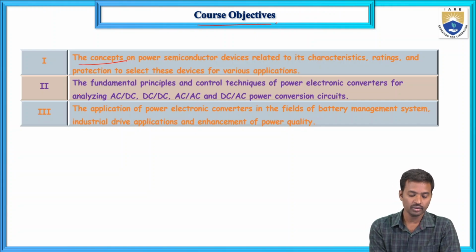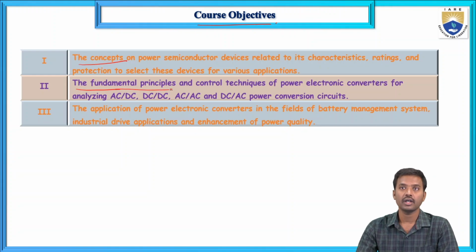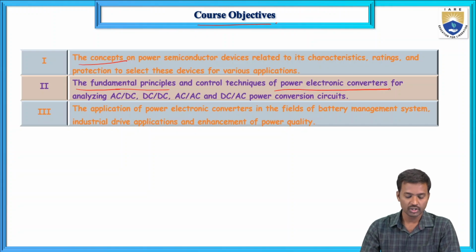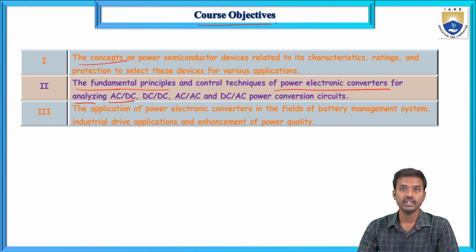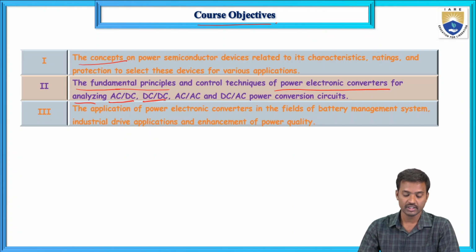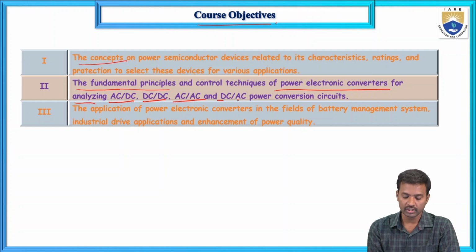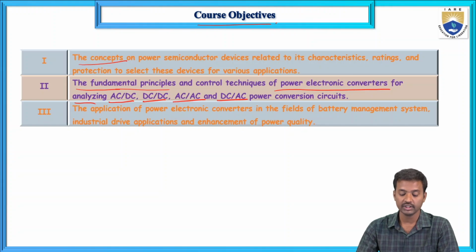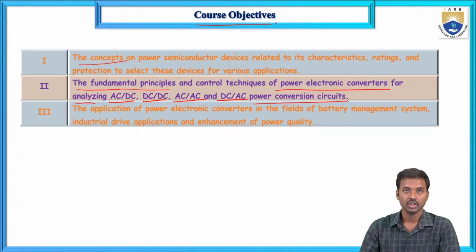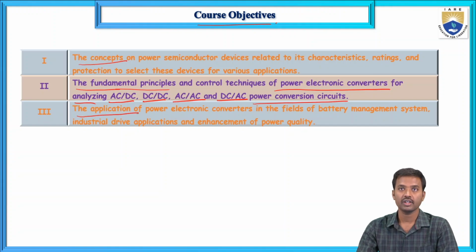Students will learn the fundamental principles and control techniques for power electronics converters for analyzing AC to DC, that is rectifier, DC to DC, that is chopper, AC to AC, that is voltage controller and cycloconverter, and DC to AC, that is inverter power conversion circuits. The third objective is the application of power electronic converters in the field of battery management systems, industrial drive applications, and enhancement of power quality.